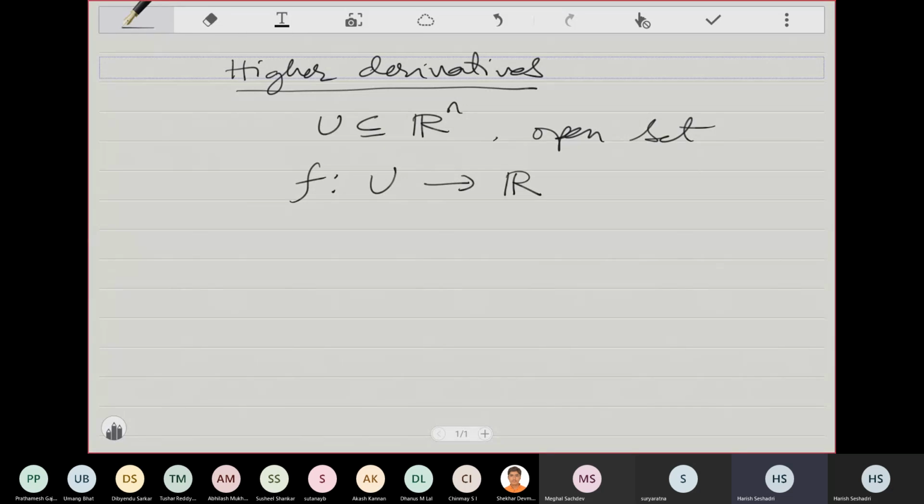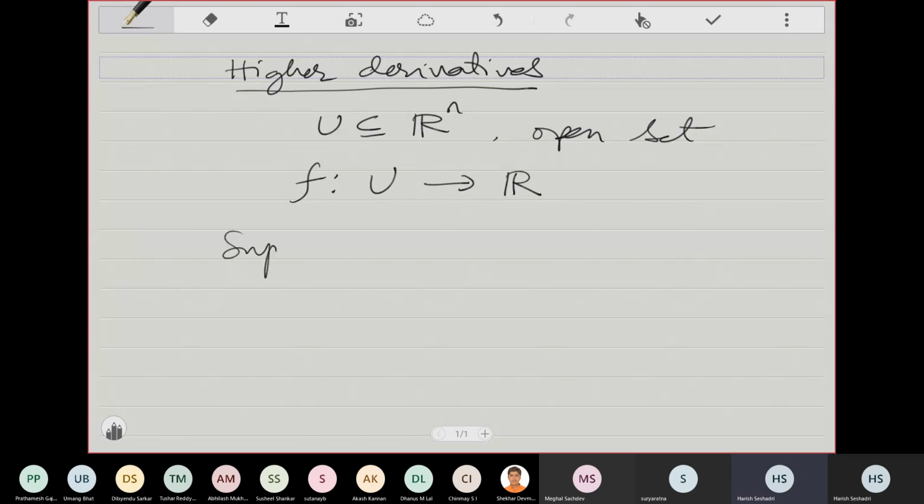So instead, for higher derivatives, one generally switches back to partial derivatives. That turns out to be more useful, even though it doesn't capture the whole picture. So what we'll do is we'll take the partial derivative approach.